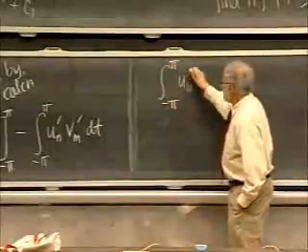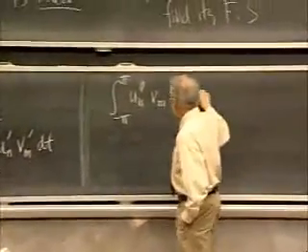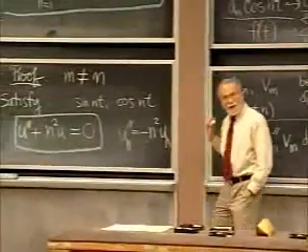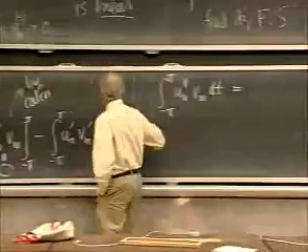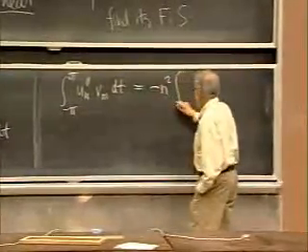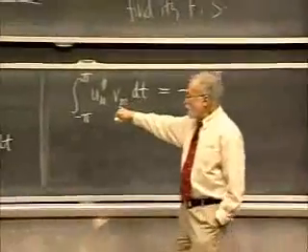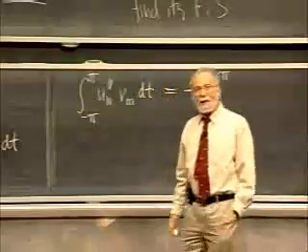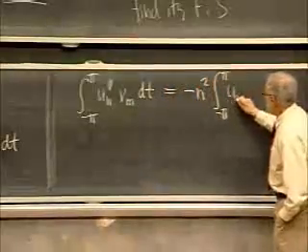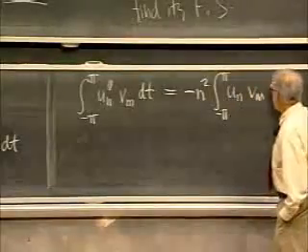The integral of U_n double prime V_m dt is equal to, well, U_n double prime, because it satisfies the differential equation, is equal to that. So what is this? This is minus n squared times the integral from negative pi to pi. I'm replacing U_n double prime by minus n squared U_n. I pulled the minus n squared out, so it's U_n here, and the other factor is V_m dt.